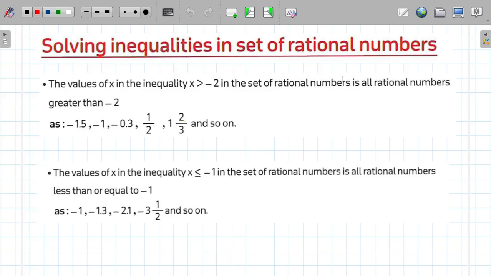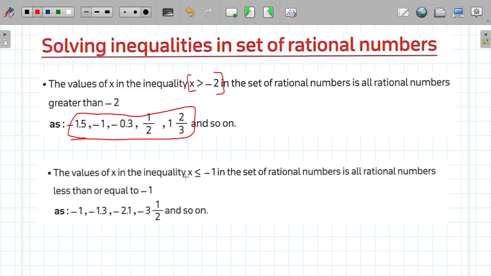If I have the first example here, x is more than -2, I will choose any number bigger than -2 to be a solution for that inequality, okay? So I have -1.5 is more than -2, -1, negative 0.3, 1/2, 1 and 2/3, and so on.